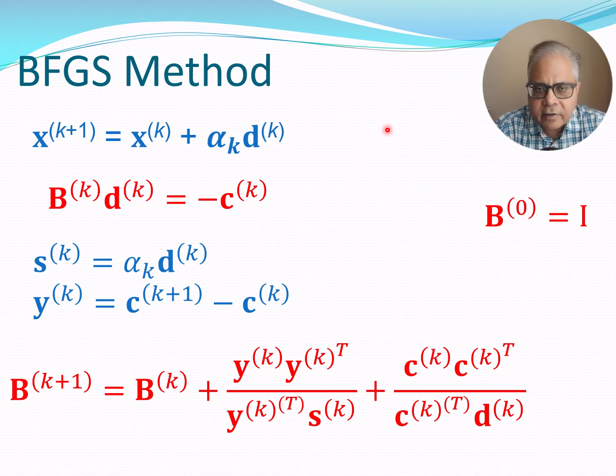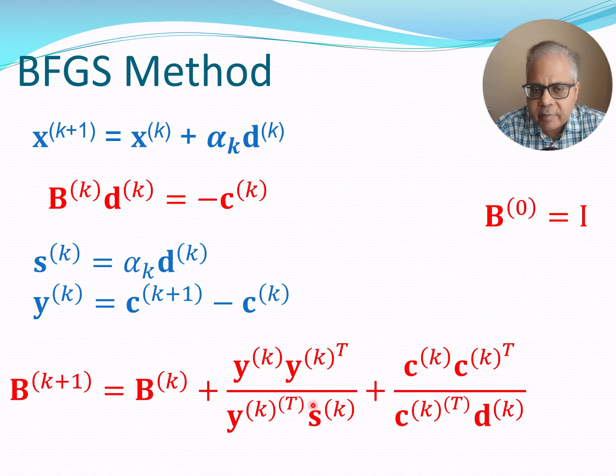Let's briefly review the BFGS method because we are going to use it today to showcase the numerical derivatives. In this method, you start out with B0 as I, that is the unit matrix, and then you build up Bk using this formula here, that is Bk+1 is Bk plus this matrix and this matrix.